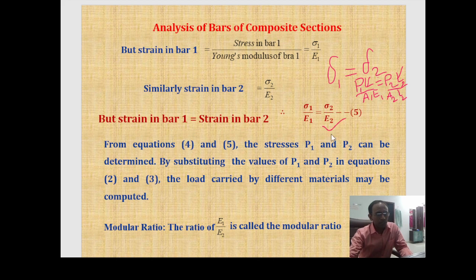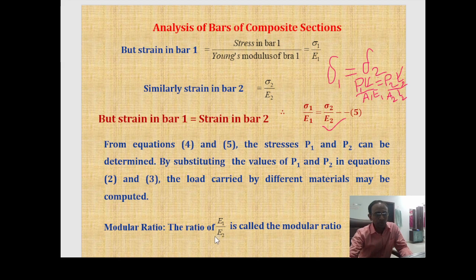So you got this. Now these two equations are sufficient to find out the stresses in these materials, or the loads for that matter. Either stresses or loads, we can easily calculate. Of course, here is a small point on the modular ratio, right?